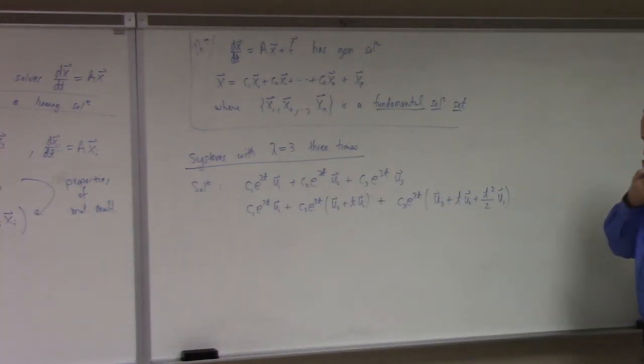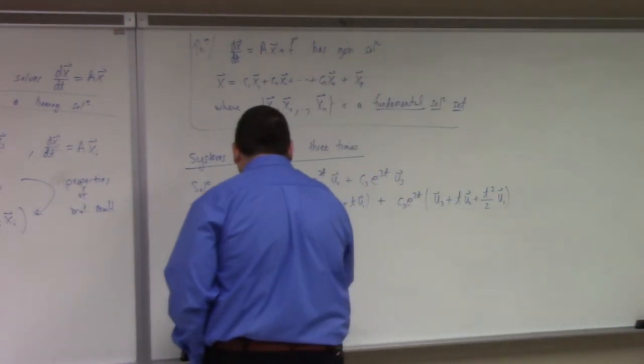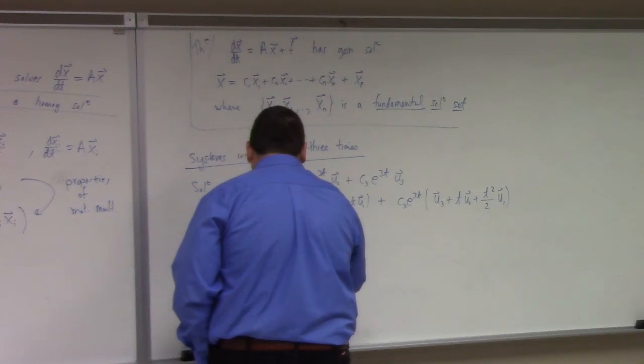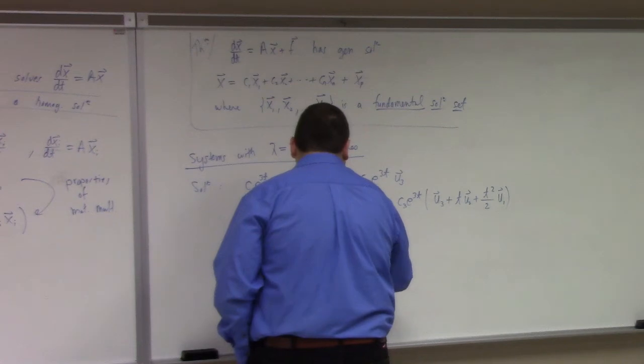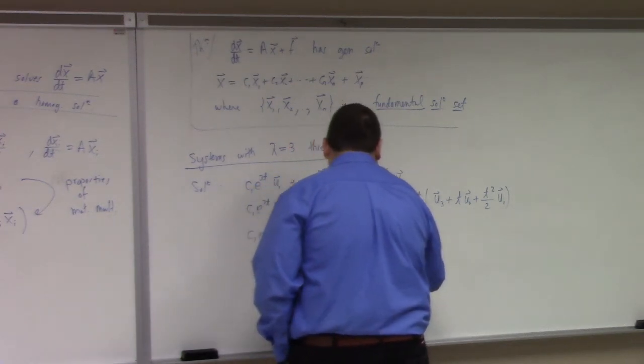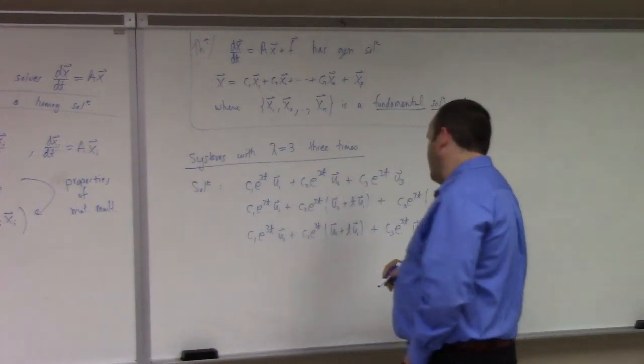That's another thing that happens with the eigenvalue 3 repeated 3 times. There's another case. The eigenvalue 3 repeated 3 times also produces solutions like this: C1 e^(3t) u1 plus C2 e^(3t) (u2 plus t u1) plus C3 e^(3t) u3. That's another thing that can happen.